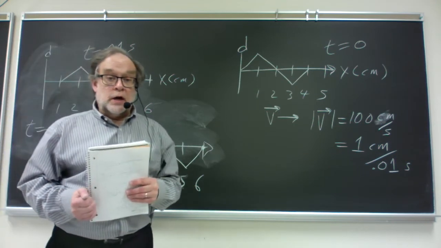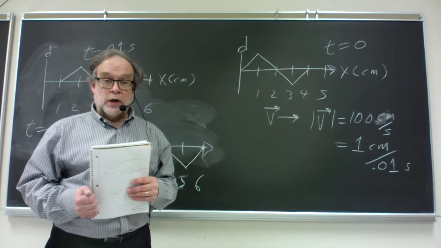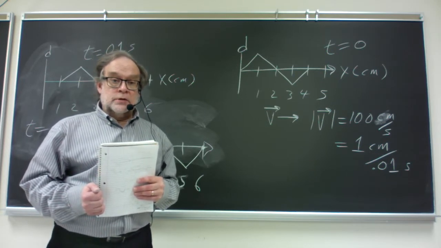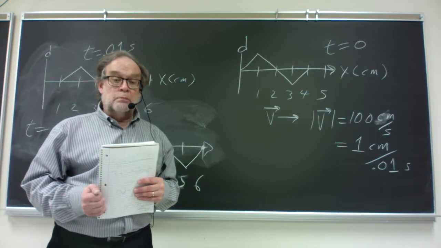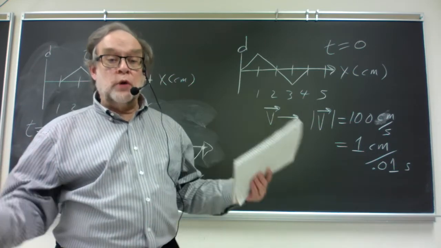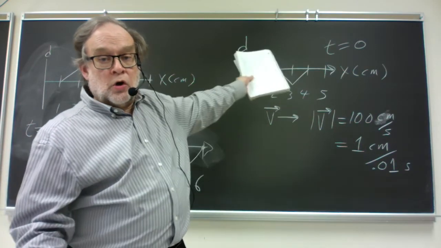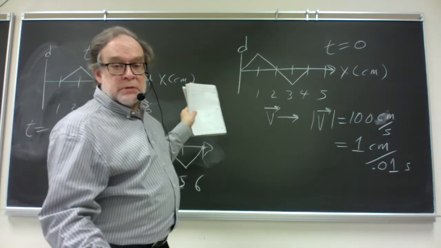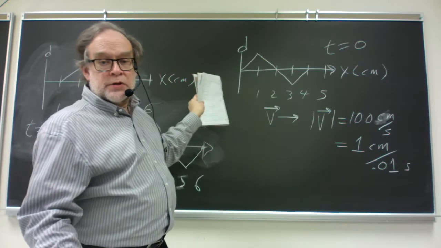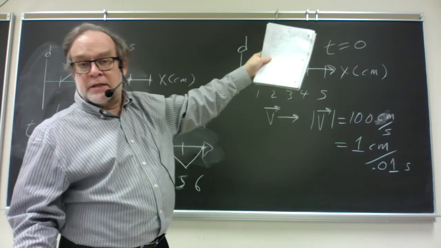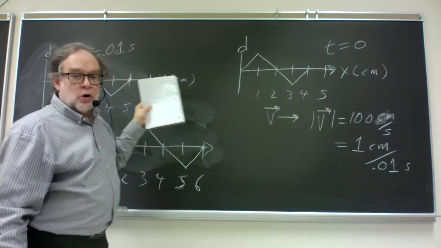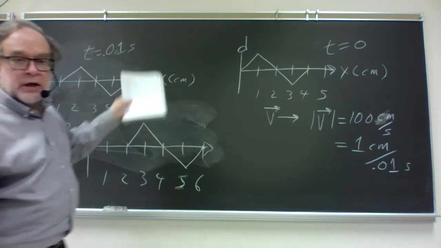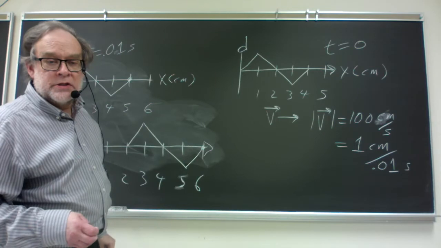The other kind of graph is a so-called history graph. Instead of looking at the displacements of a whole bunch of different locations all at one time, right? All the displacements between the 0 and the 4 centimeter mark at time 0, or all the displacements between the 1 and the 5 centimeter mark at time 0.01 seconds.